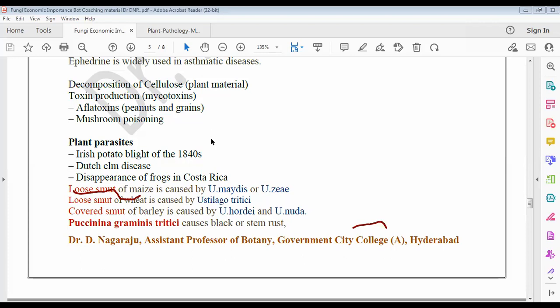From this, any question will be raised: Bengal famine caused by, Ireland famine caused by, French famine caused by, Sri Lanka famine caused by. Like that, they ask the question. Okay, don't forget.